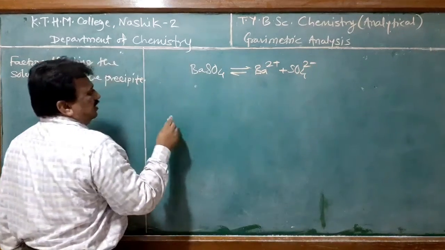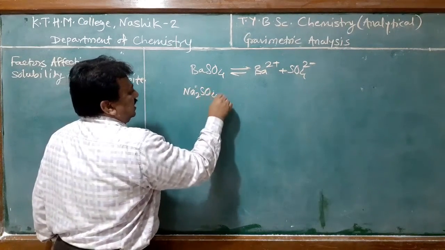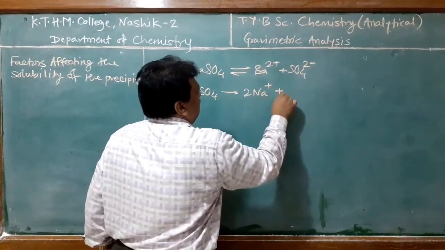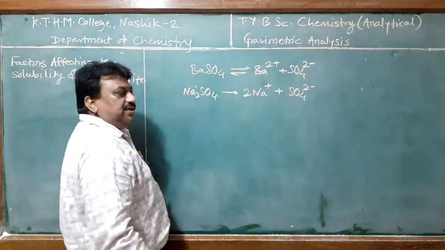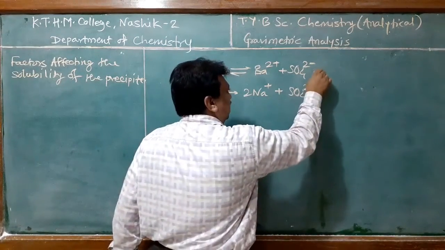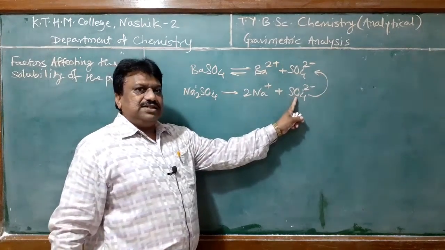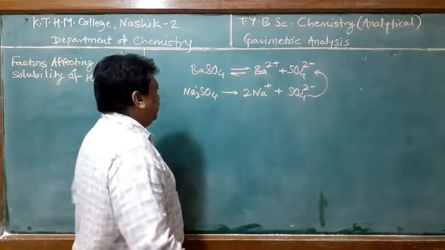Therefore, if barium is an analyte, then we can use sodium sulfate as a reagent, which is a strong electrolyte and gives sodium ion and sulfate ion. Here sulfate ions are generated that act as a reagent for precipitation of barium, as well as exert a common ion effect for decreasing the solubility of the precipitate.